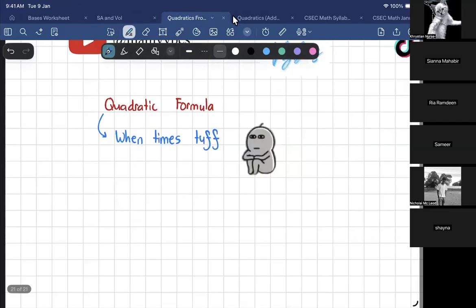Does anybody know the quadratic formula by heart? Is it ax squared plus bx plus c, sir? All right, that's not the quadratic formula. That's the form of a quadratic, but that's not the quadratic formula.